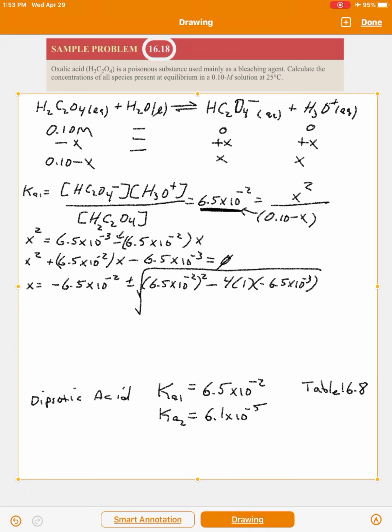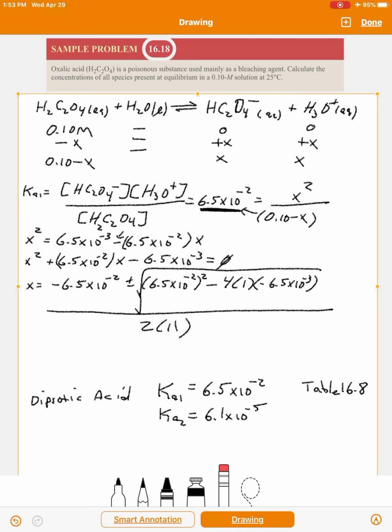That's b squared minus 4ac, all over 2a. Okay, so now we have to figure out what this is. Now keep in mind, in the radical, it's a minus, right? We're subtracting 4 times 1 times negative 6.5 times 10 to the minus 3.